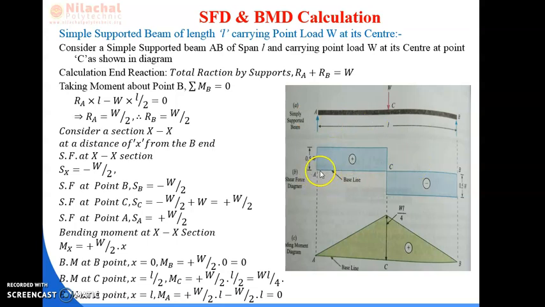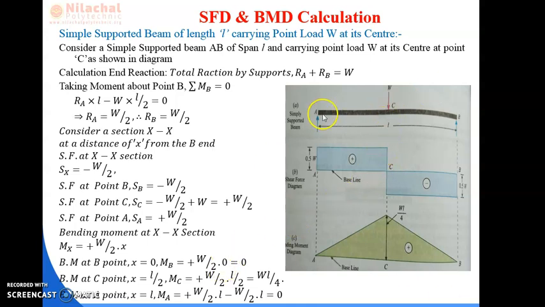First of all, draw the baseline by taking the points B, C and A. At point B there is a minus value, so we take the vertical line below the baseline, with a value of minus W by 2. From B to C there is no load, so it will be constant. Again at point C we add W, so it goes from negative to positive, giving plus W by 2.